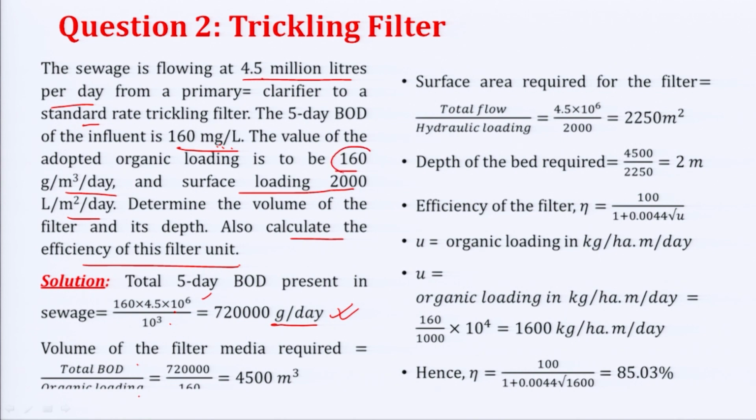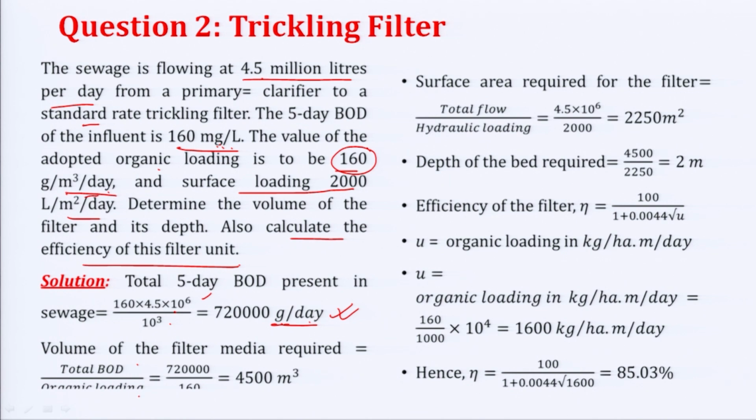What is the organic loading here? If you get confused, just check the units. Here the total BOD is in grams per day, and what you require is volume, which is going to be meter cube. The organic loading is 160 grams per meter cube per day.